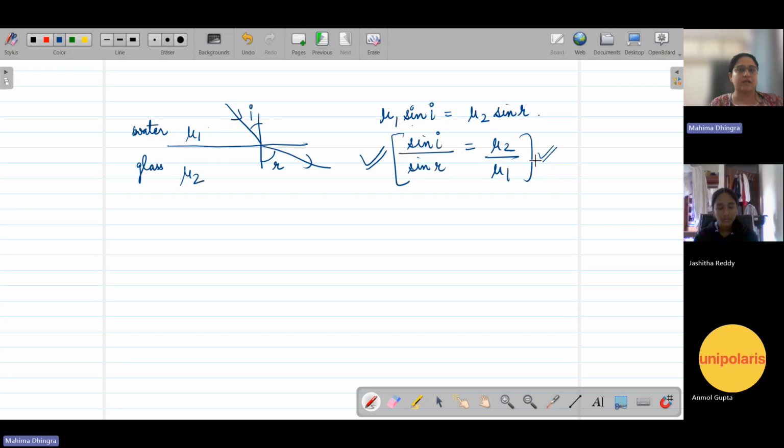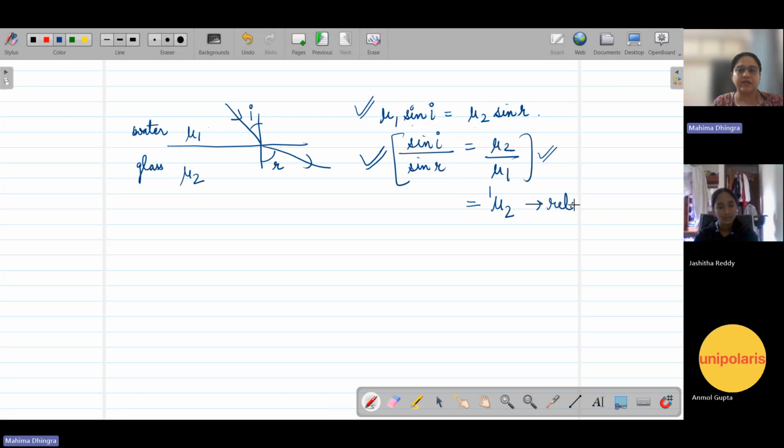So you must remember this relation: where you have angle of incidence in medium 1, it will be mu1 sine i, and if r is in medium 2, then it will be mu2 sine r. Then we can find the ratio and write this as mu2 with respect to 1.